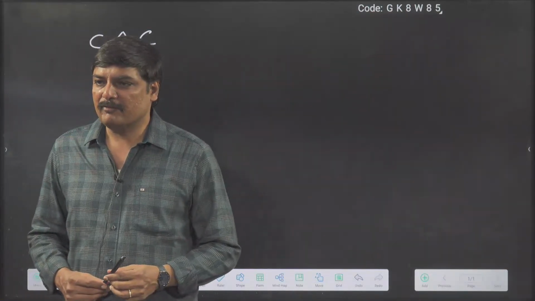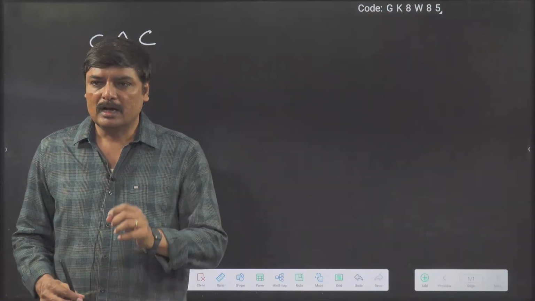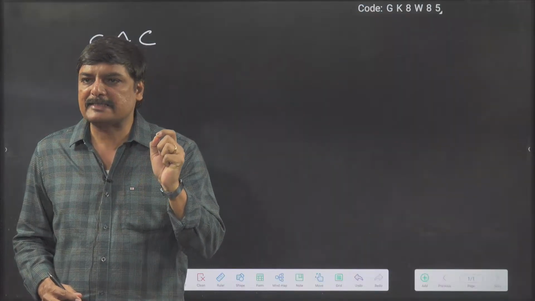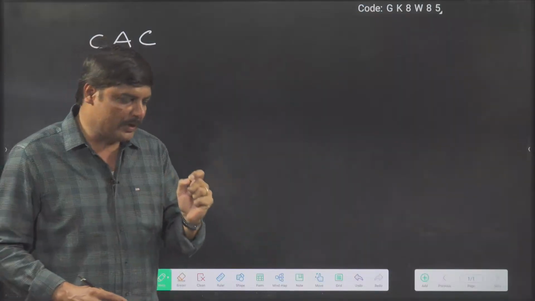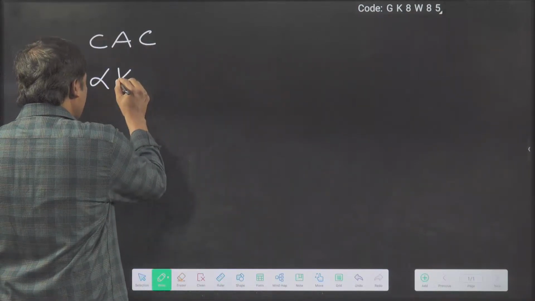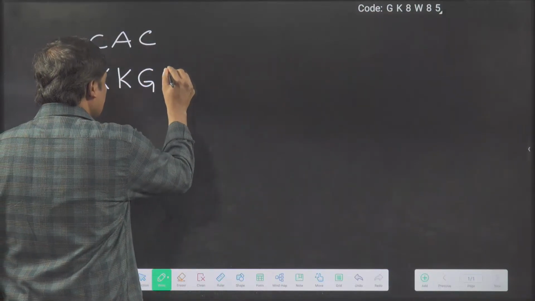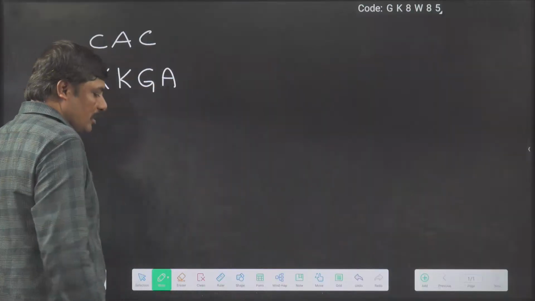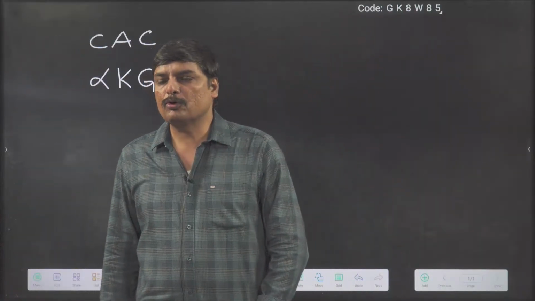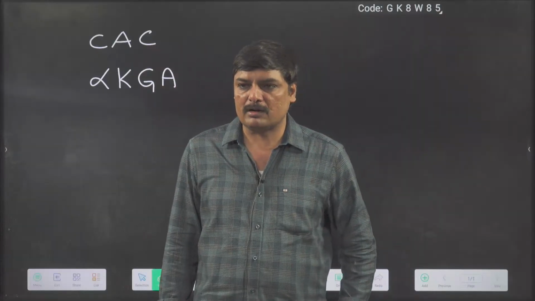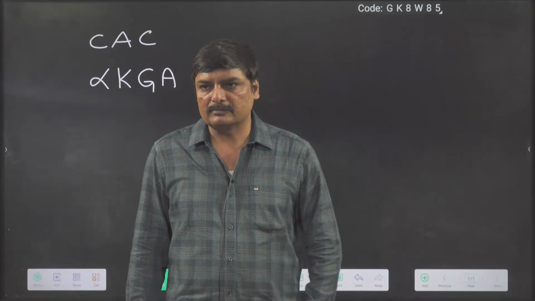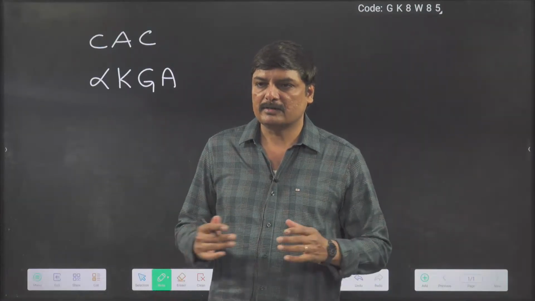Very good, alpha ketoglutarate acid. Simply you can say alpha KGA. Alpha ketoglutarate acid, a 5-carbon intermediate compound of Krebs cycle. Right.